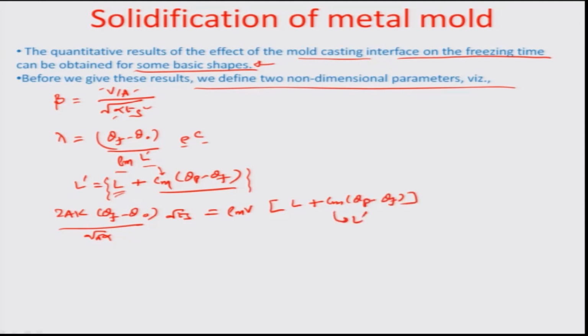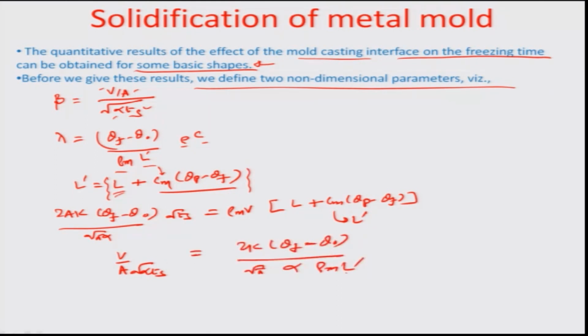In other words, I can arrange these terms together as V by A root of alpha Ts equals twice K theta f minus theta 0 divided by root of pi alpha rho m L dash.